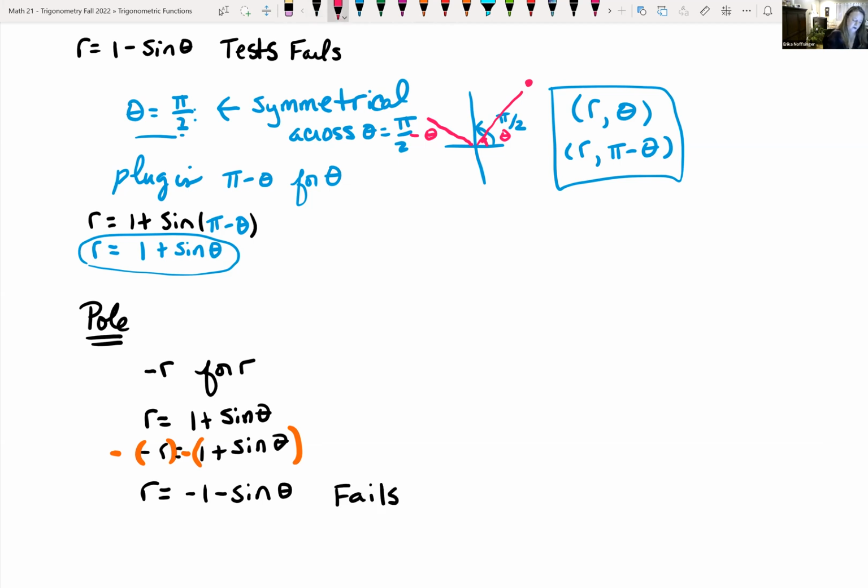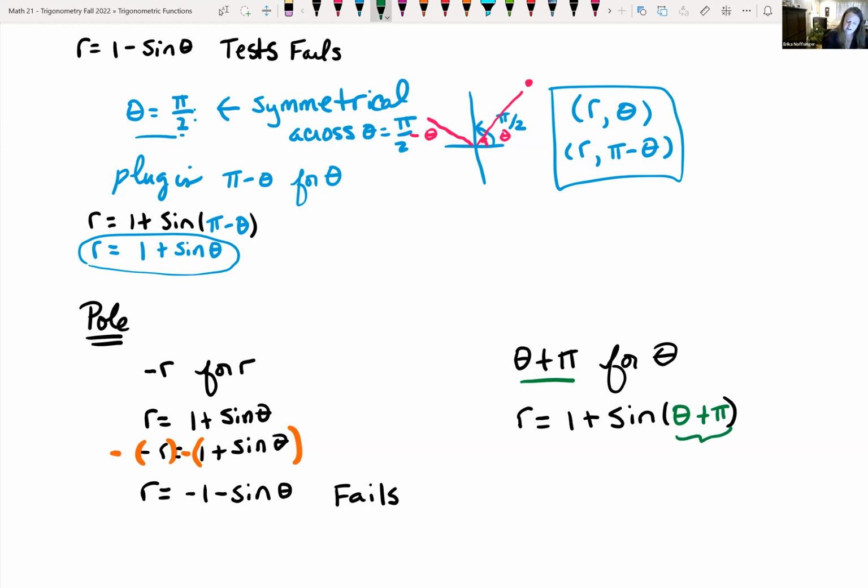Or we could plug in theta plus pi, or pi plus theta, for theta. I can see that that's not going to give me the same thing. Doing that, I have r is equal to 1 plus sine, and instead of theta, I'm replacing that with theta plus pi. Well, that's going to get me down into the third quadrant.